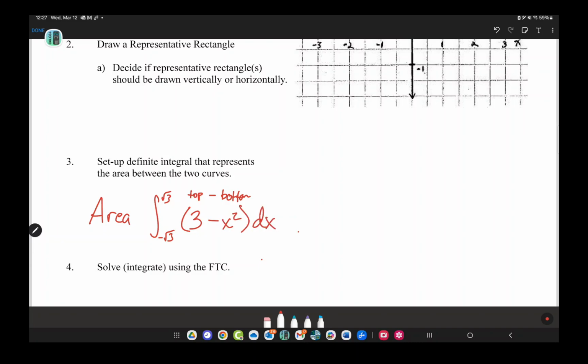Now, is there another way I can write this? I'm not talking about left and right. I'm talking about just another way to write this function. What kind of function is this? It's an even function. What do we know about even functions? Yes, so 0. Yep, we can double from 0 to square root of 3.